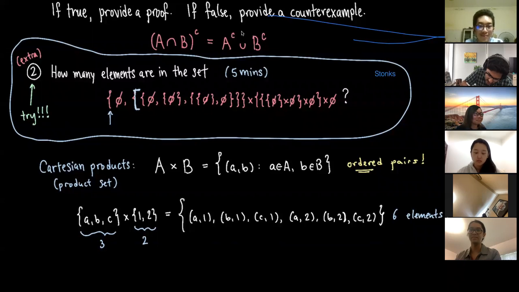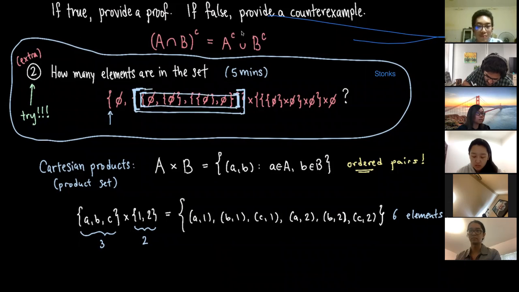This one closes empty set, comma, comma, empty set. So this one closes here. So maybe I'll do it like this. Okay, see what's going on?